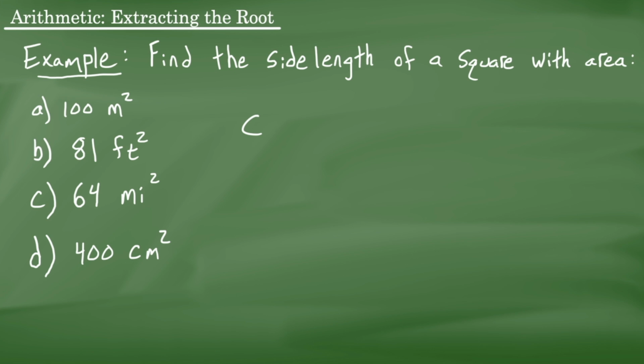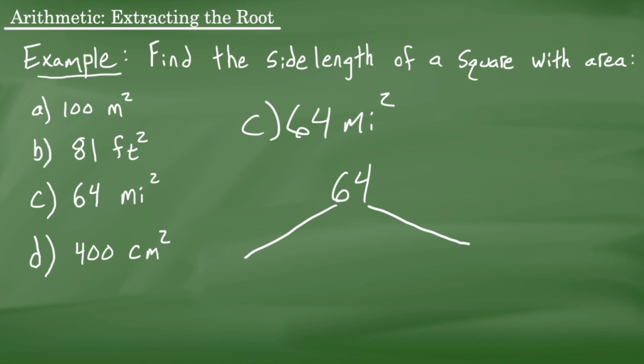C, 64 miles squared. 64, let's break this up into a tree. We'd have 1 and 64, of course. If we divide 2, that would get us 32, half of 64.